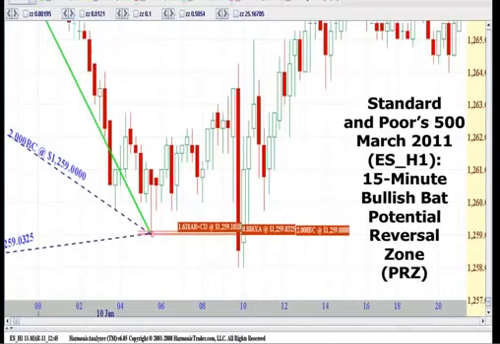Now this is important because, again, we will get into execution types, but although this structure required two tests, here's the first test, again a type 1 reversal, then we have a secondary test type 2. It found distinct support in this area.